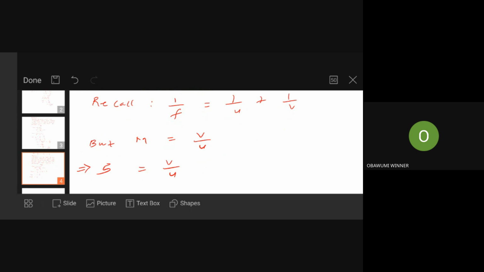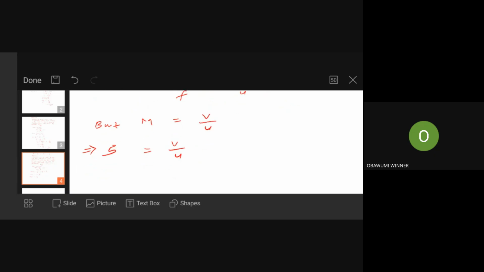See that I can make v or u the subject. Whichever one I choose, I am also correct. Clearly, if I cross multiply from here, v is equal to 5u. So v times 1 is v and u times 5 is 5u.